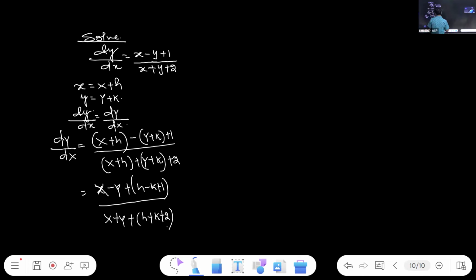This equation reduces to homogeneous form when h minus k plus 1 is equal to 0 and h plus k plus 2 is equal to 0. If you solve these equations, h will be minus 3 by 2 and k will be minus 1 by 2. Okay. h is equal to minus 3 by 2, k is equal to minus 1 by 2.